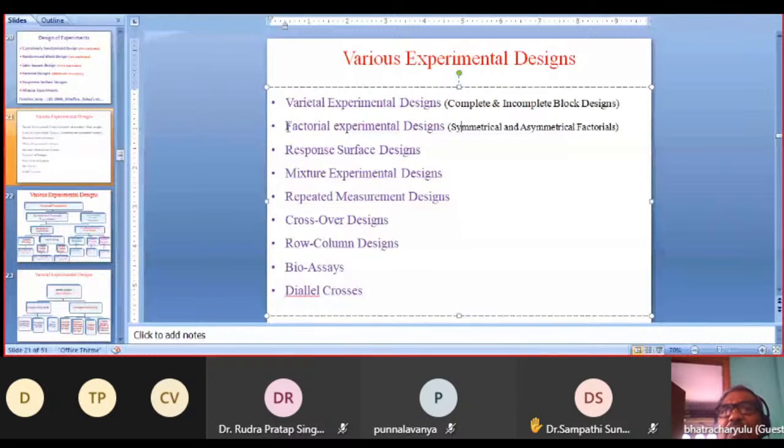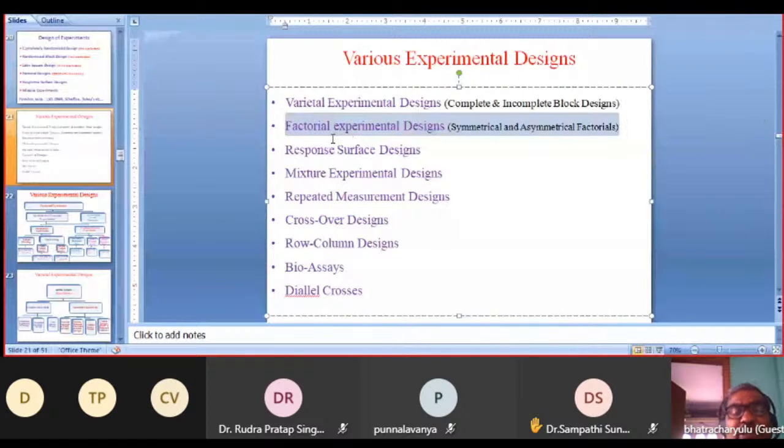So as a combination I apply them to each crop, but I want to study the effect of the individual treatments, the effect of zinc as an individual factor. In that type of case the factorial experiments are used, because an interaction effect is involved in the concept of factorial experiments.